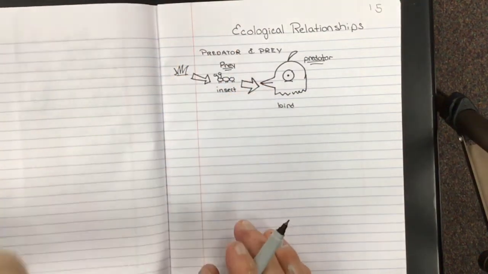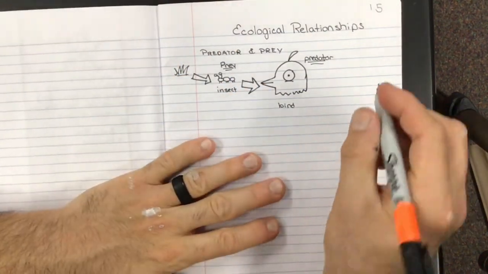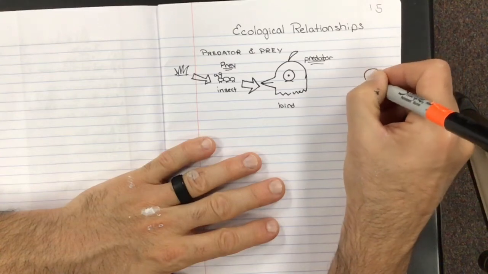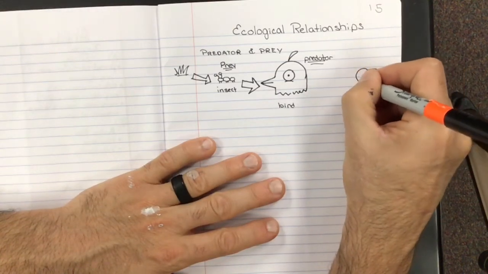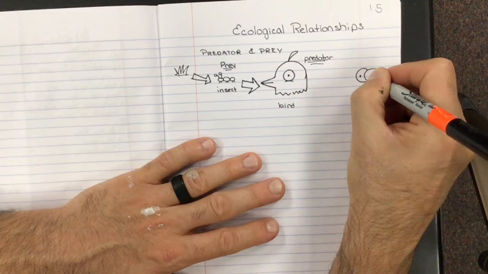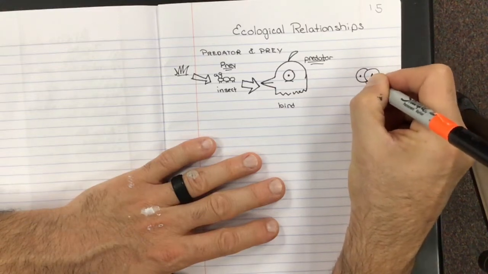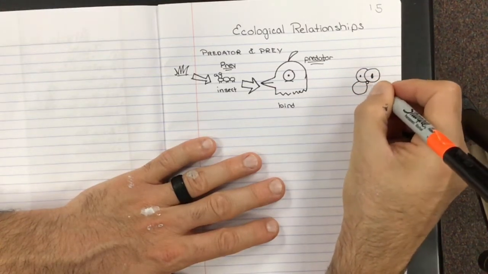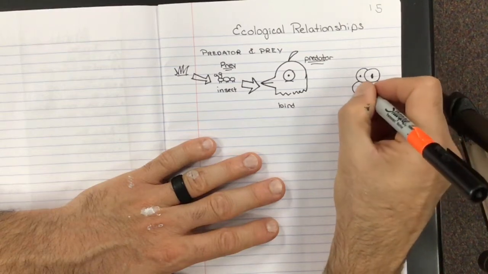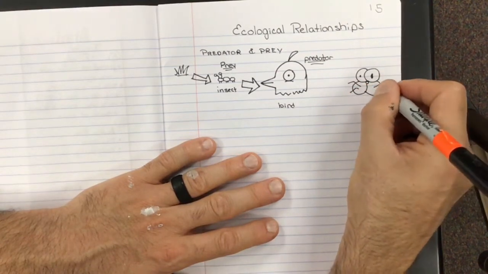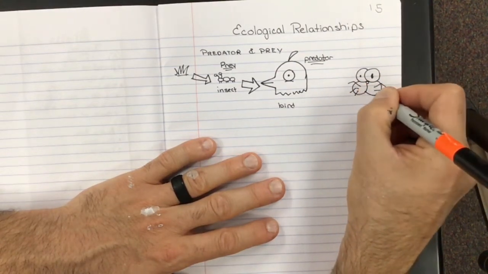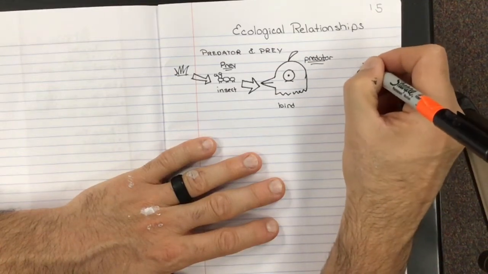But the bird could also have another predator. Let's say it's a cat. So I'll draw my crazy cat. Put a little nose. Put some jowls. Have some crazy looking whiskers coming out. We'll make some ears.